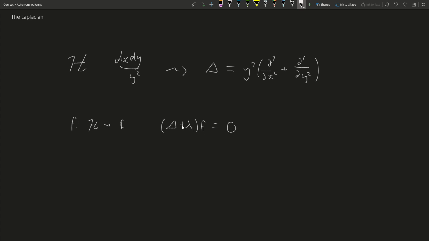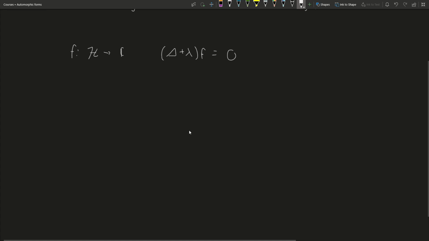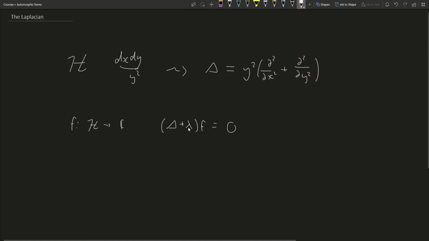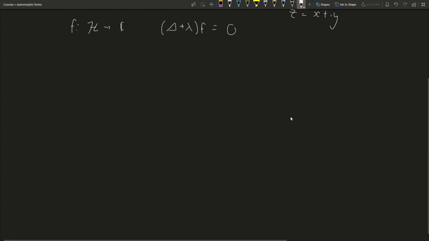Now, some authors will have a minus sign here, so be careful. And of course, for all of this, we're using the notation that z is x plus iy. And let's talk about the solutions to this differential equation.